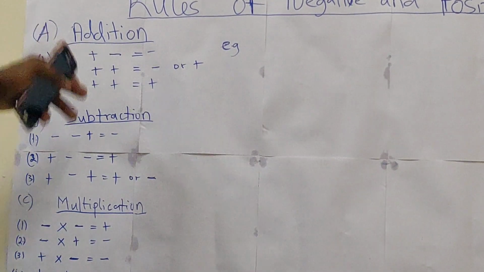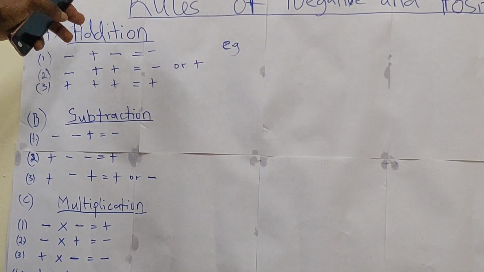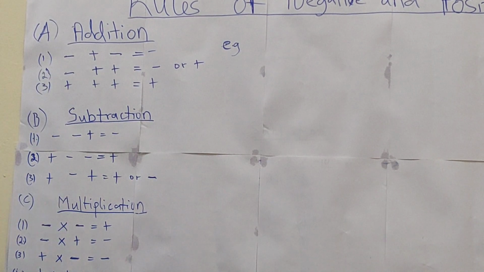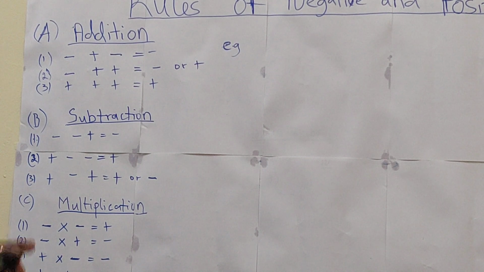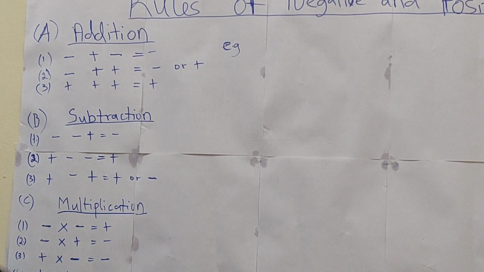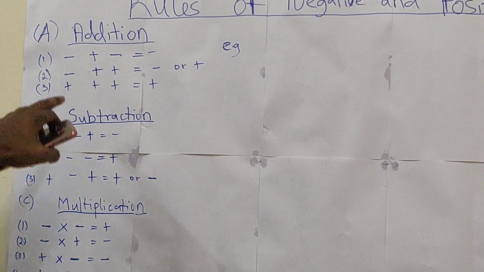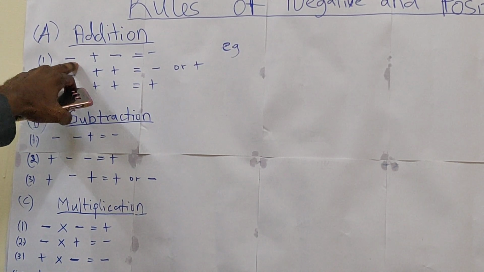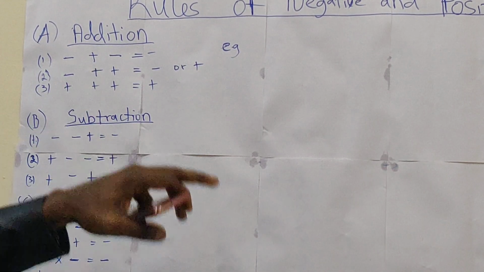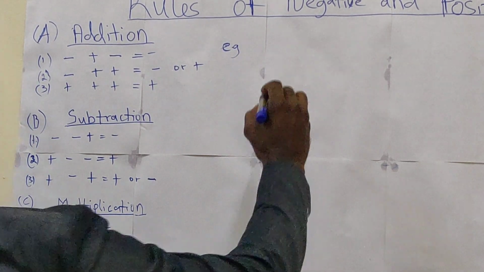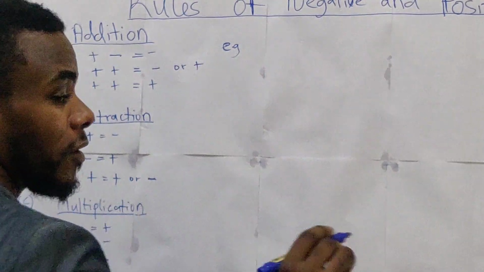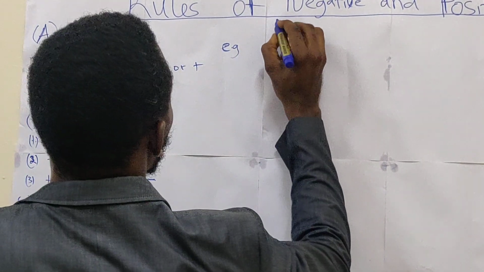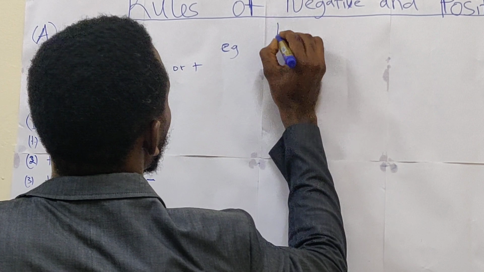These are the possible ways when it comes to addition, subtraction, multiplication. So let's just use these ways, then we'll solve some examples. Then later on we'll move to division. So these are the signs. So let's substitute our numbers. I'll use 80 for short as example. So let's say examples.